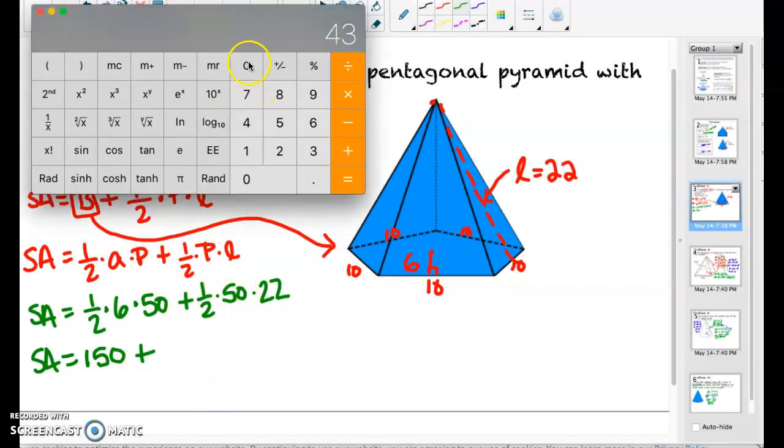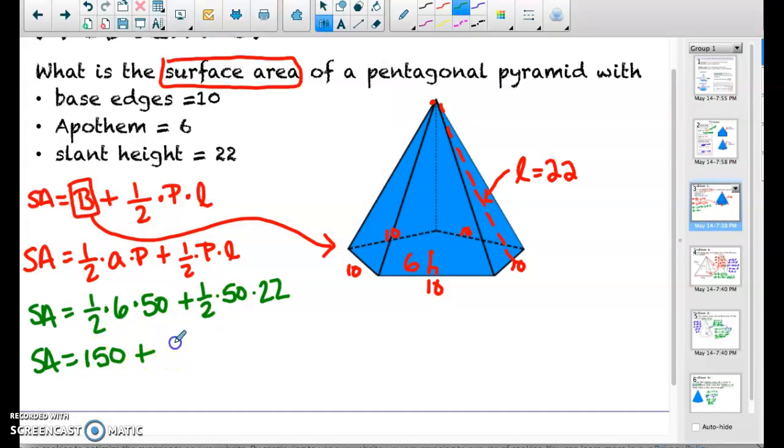I'll pull out my calculator here. 25 times 22 gives us 550. So plus 550. So 150 plus 550, that surface area is 700. Okay, and I wasn't given any units here, so we're just going to say final answer 700.